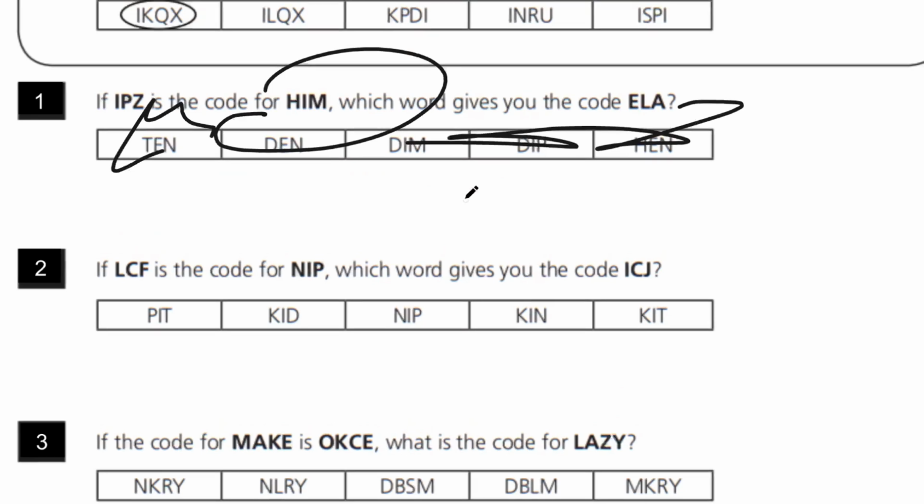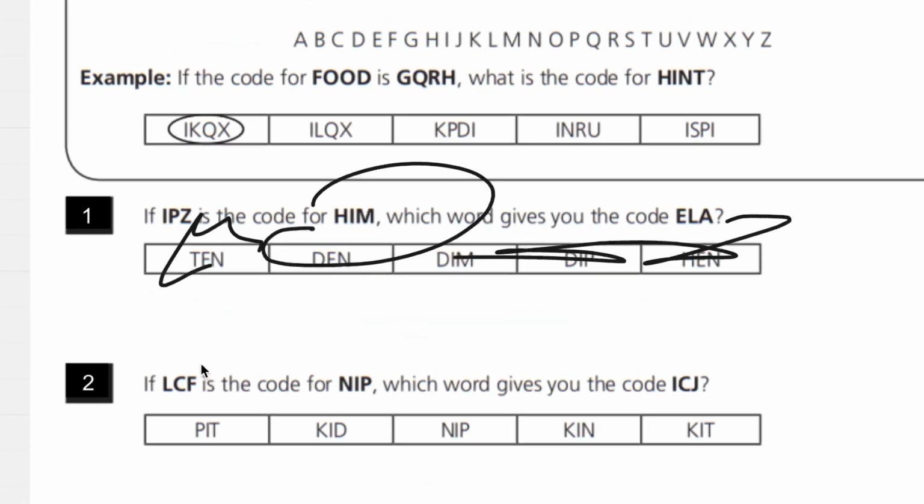Question number 2, L to N, which would give you the code. So now we're going L to N, add 2, I add 2 is going to be K, cross these out.